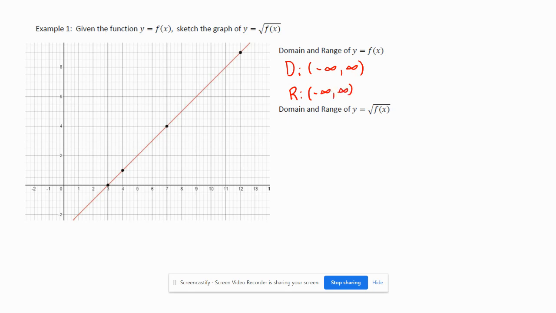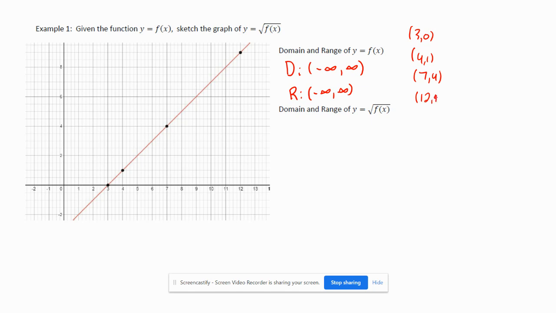We're going to list out a table of these 4 points: (3, 0), (4, 1), (7, 4), and (12, 9).